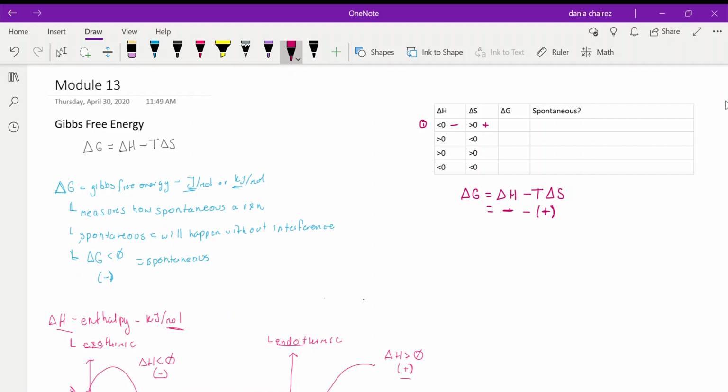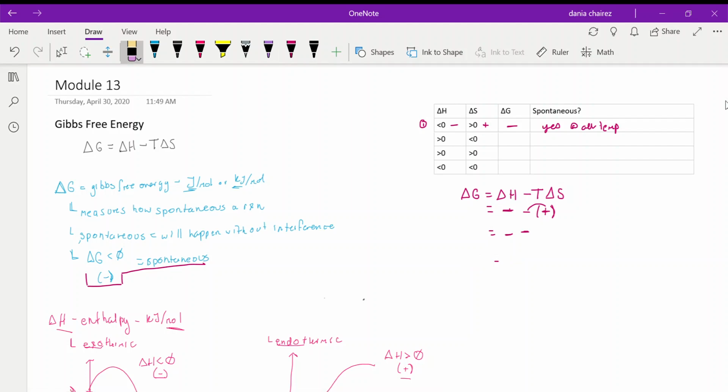So if we distribute this to the positive, we end up with a negative minus whatever number you would have there, which means that our delta G would be negative. So is that spontaneous or not? Well, looking over here at what I told you guys, if your delta G is negative, it's spontaneous. So yes, at all temperatures.